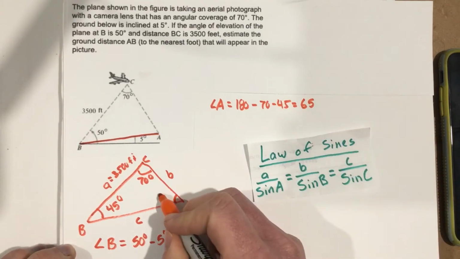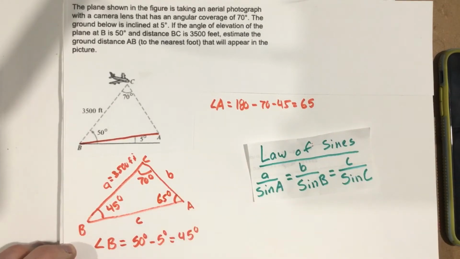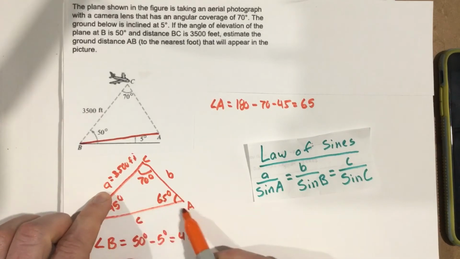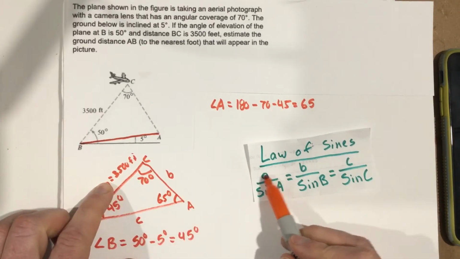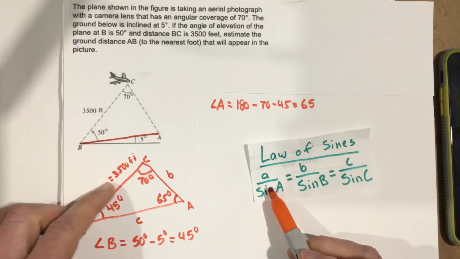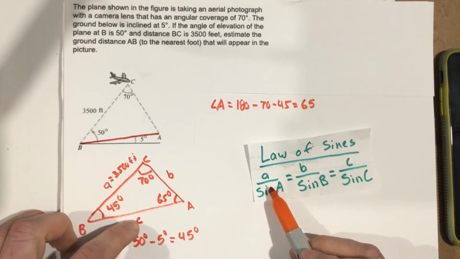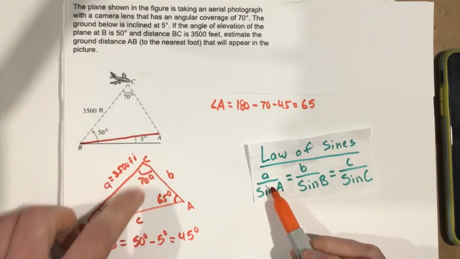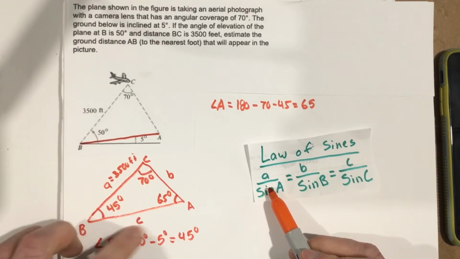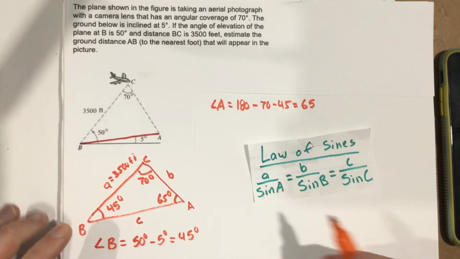Yeah, that's right. So this is 65 degrees. Now I have angle A and side A, so I can use a over sine A, and then I can use c and sine C to find this length AB, which is what we were looking for.